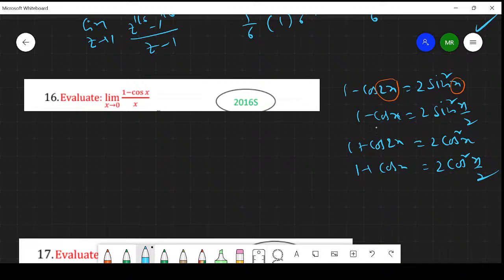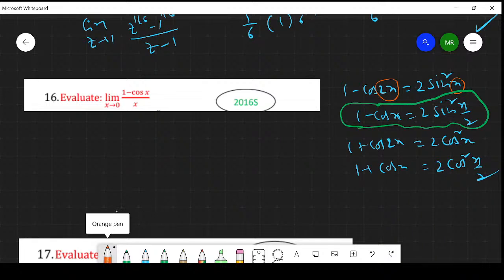So here, I want this one. I am going to use this concept: 1 minus cos x will be 2 sin square (x by 2). If I simplify this, you can see what I am going to do now. Limit x tends to 0, 1 minus cos x. Why, sir, what is the purpose? Why can't you substitute directly?